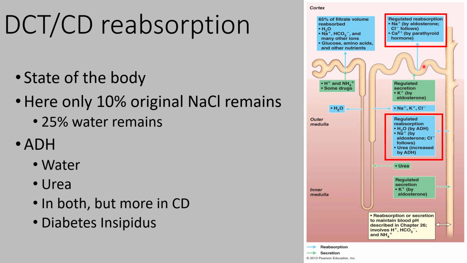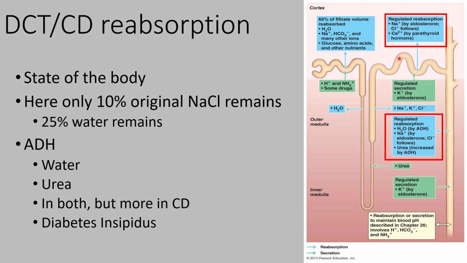Now at the DCT and the collecting duct, let me preface this by saying what we've said so far about the proximal convoluted tubule, that happens all the time, regardless of anything. And the loop of Henle reabsorbs water and sodium, potassium, chloride always, regardless.